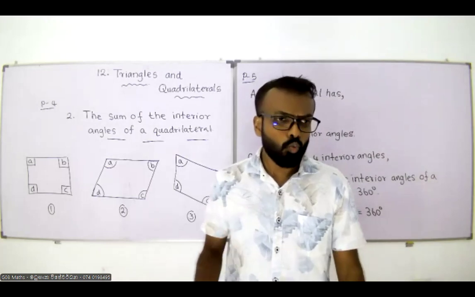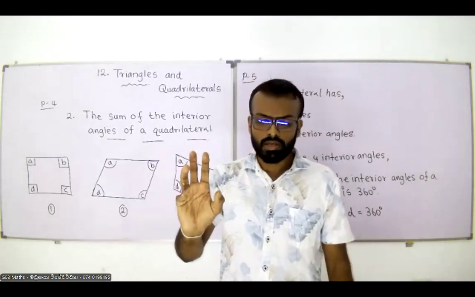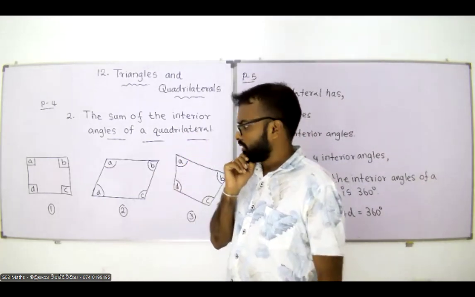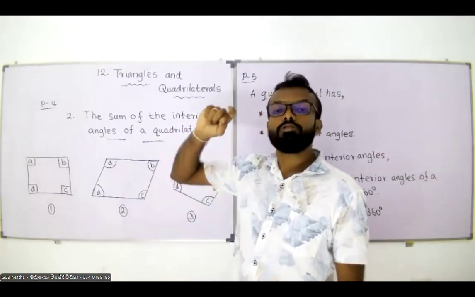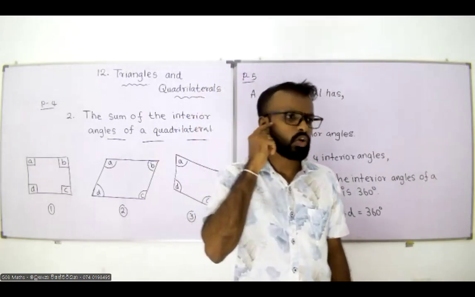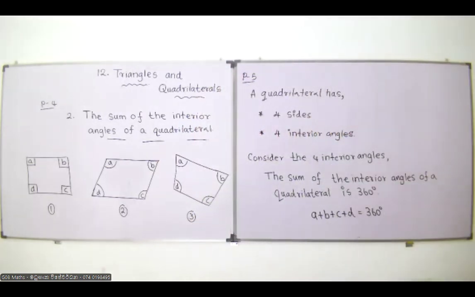And why are you going to say that the sum of the interior angles of a quadrilateral is equal to 360 degrees? Why? What is the logic behind that? How can you understand very clearly?